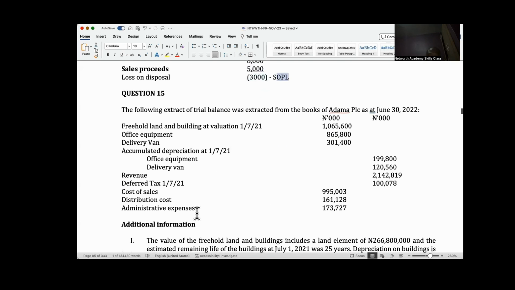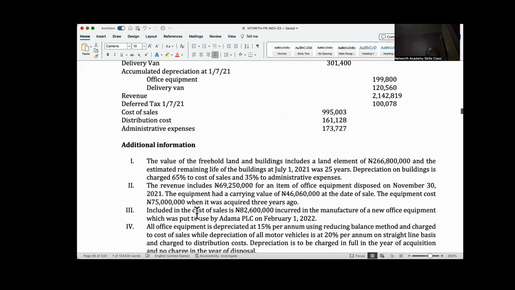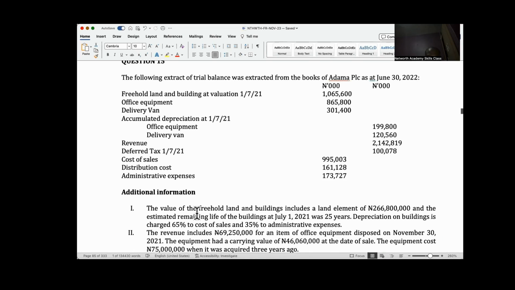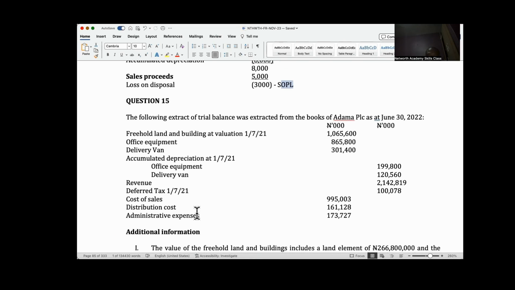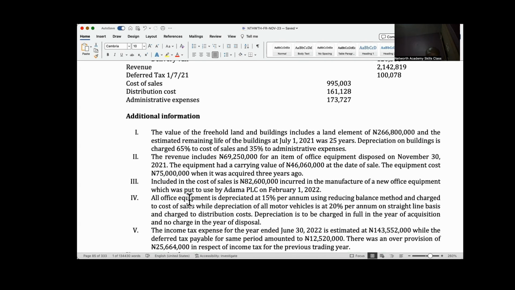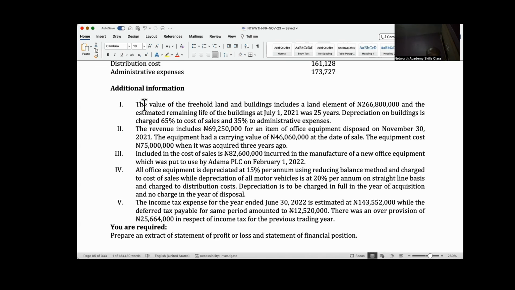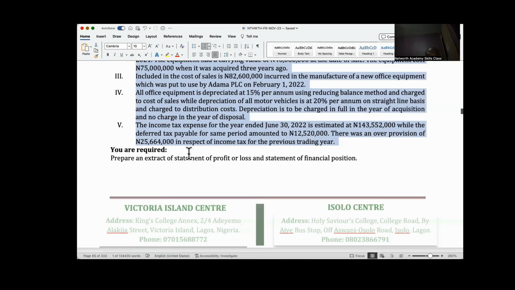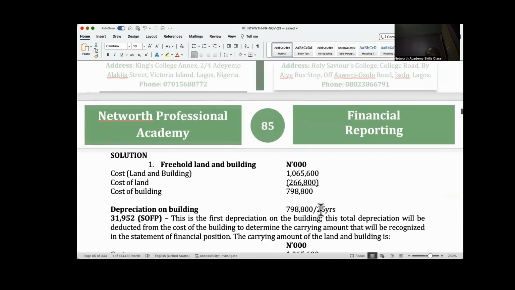Now, this question 15, you have to go and attempt it yourself. I'll probably still solve it for you, but just look at it. This is just going back to published accounts, giving you a trial balance. And based on what you have learned now, they gave you some additional information so that you can use it to prepare your statement of profit or loss and statement of financial position.